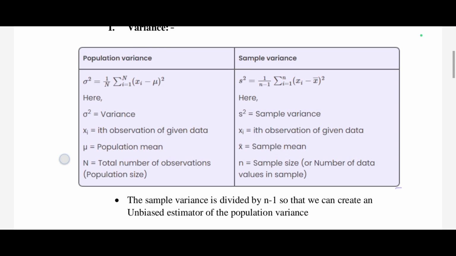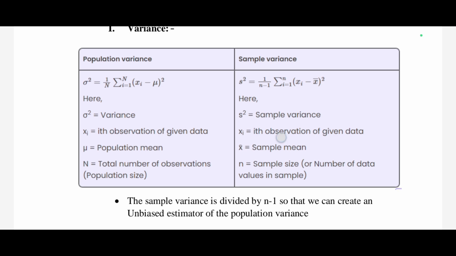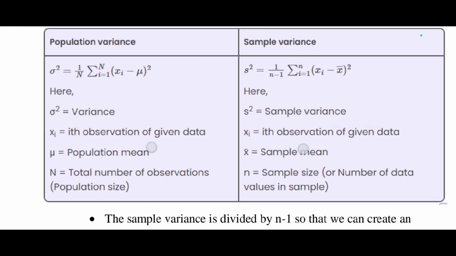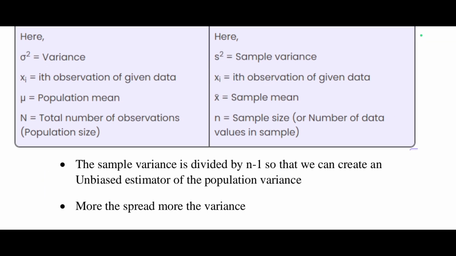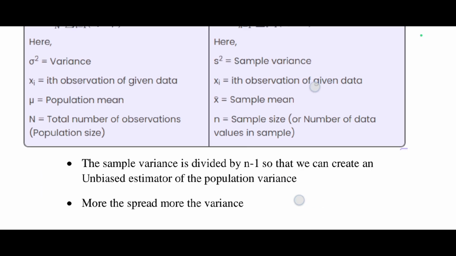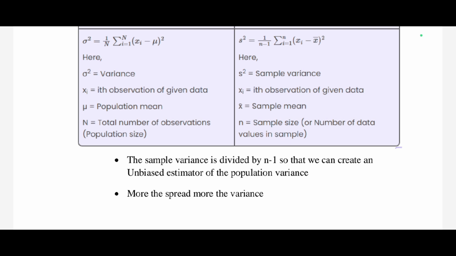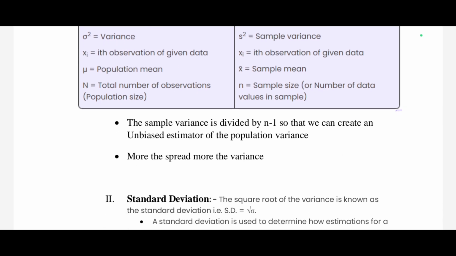When the sample observations are given, you do the calculation here. The sample variance is divided by n minus 1 so that we can create an unbiased estimator of the population variance.